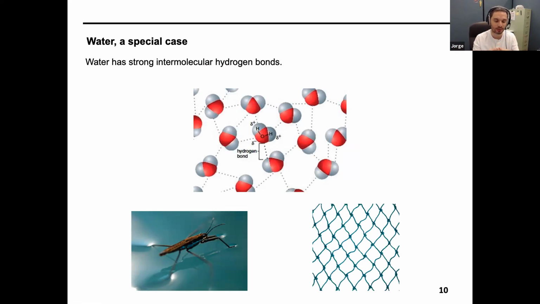These insects spread the pressure apart, and they are capable of floating on the water because of the hydrogen bonds. So imagine hydrogen bonding as a network, and this network will support the insect at the water surface, and because it's strong, it can hold this animal.